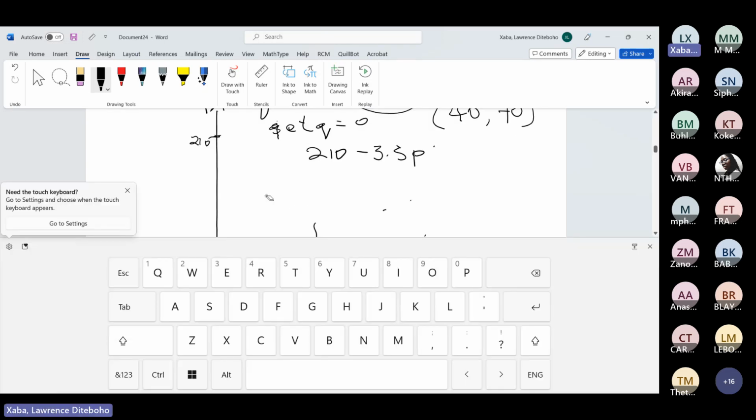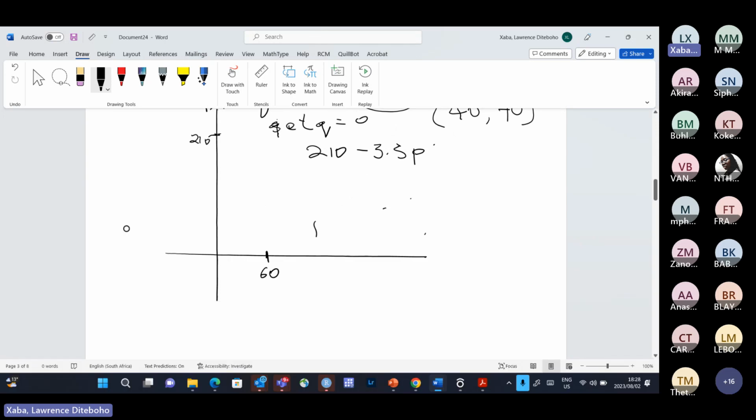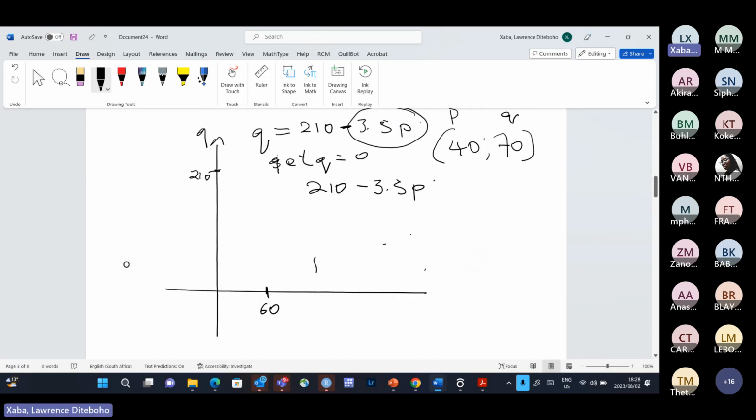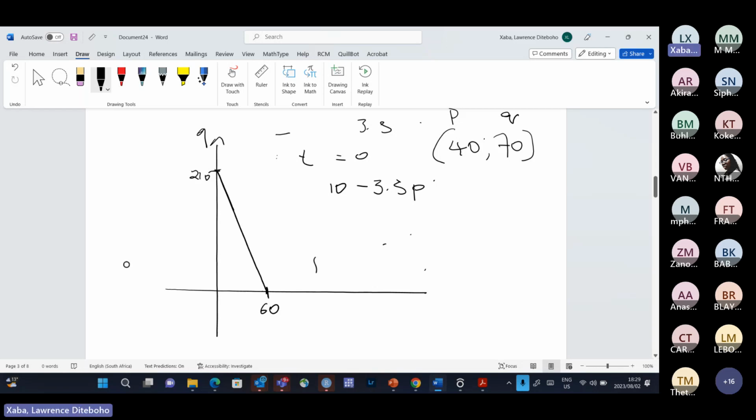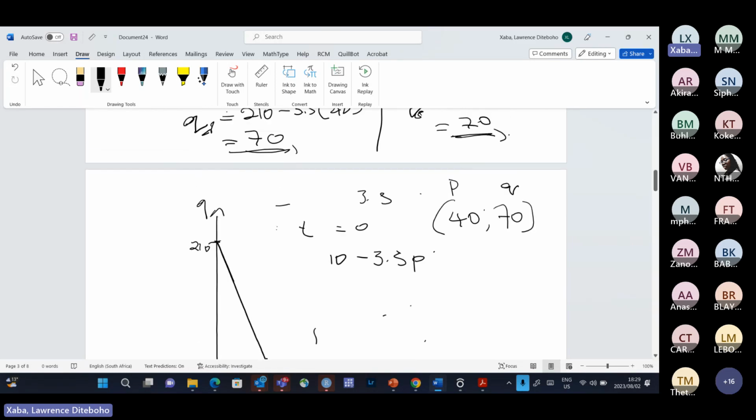We'll now do the same calculation to find two values that represent the supply function. This is going to be our line between the two points, and remember, this represents our demand.